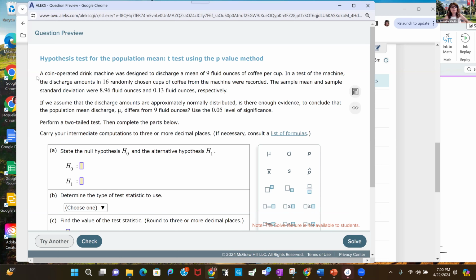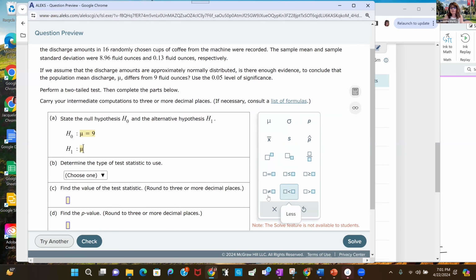All right. A coin-operated drink machine was designed to discharge a mean of 9 fluid ounces of coffee. In a test, we've got all of that. Is there enough evidence at the 5% level to conclude that mu is different than 9? So the null is that it equals 9. The alternative is it does not equal 9.